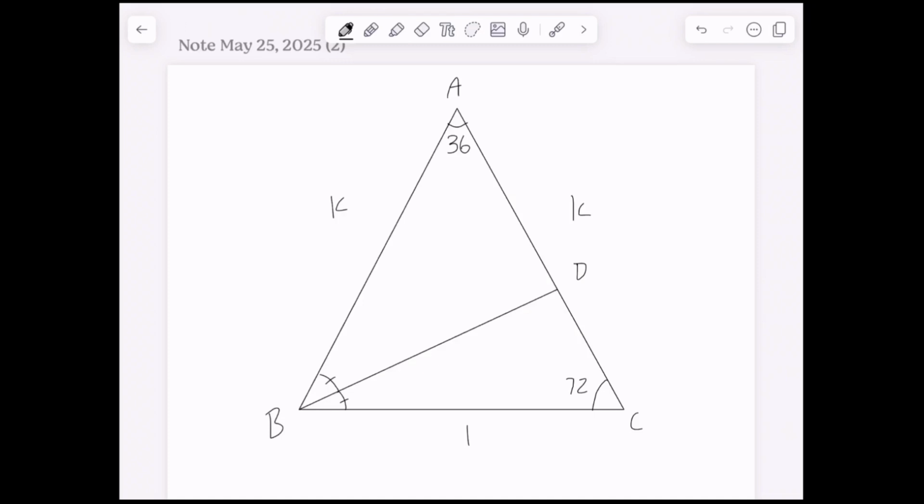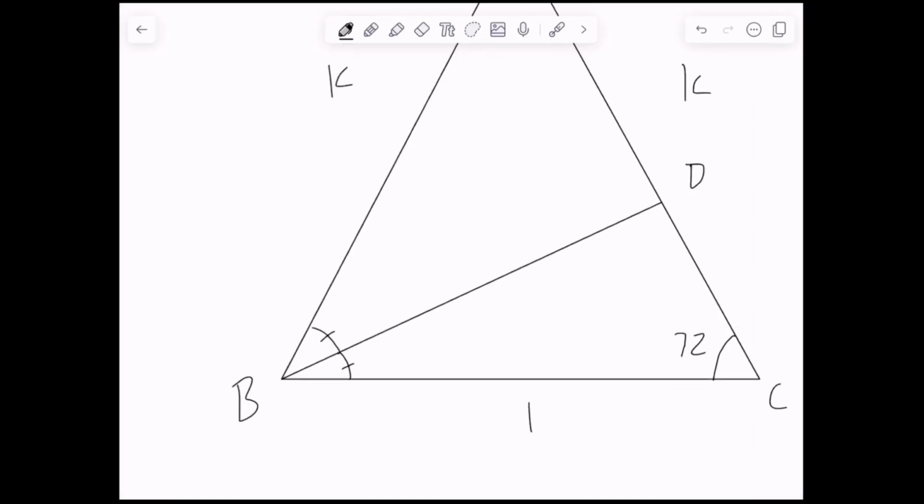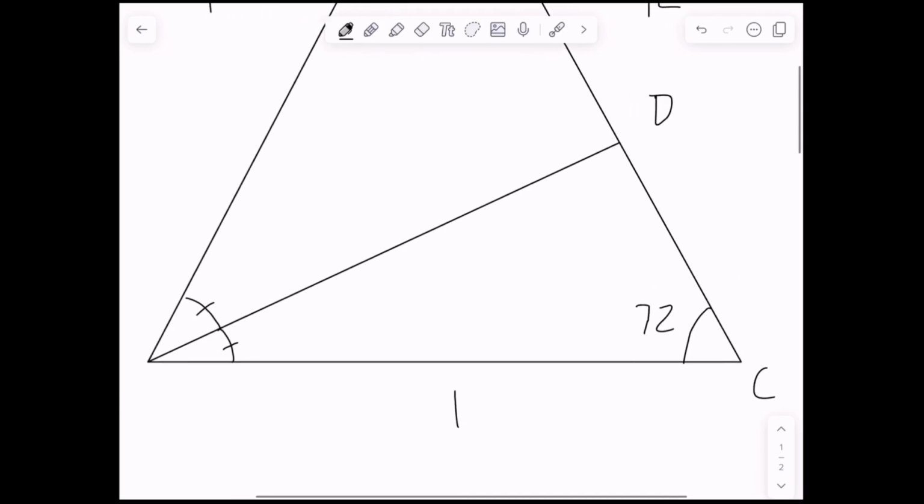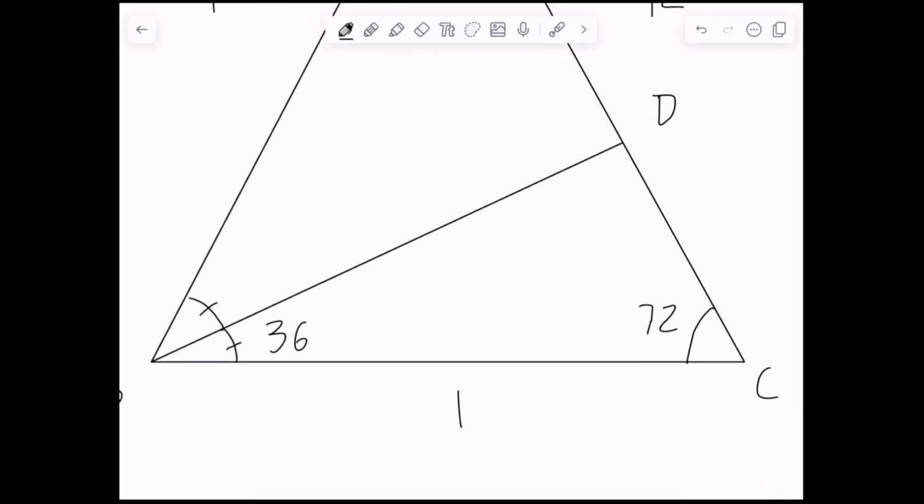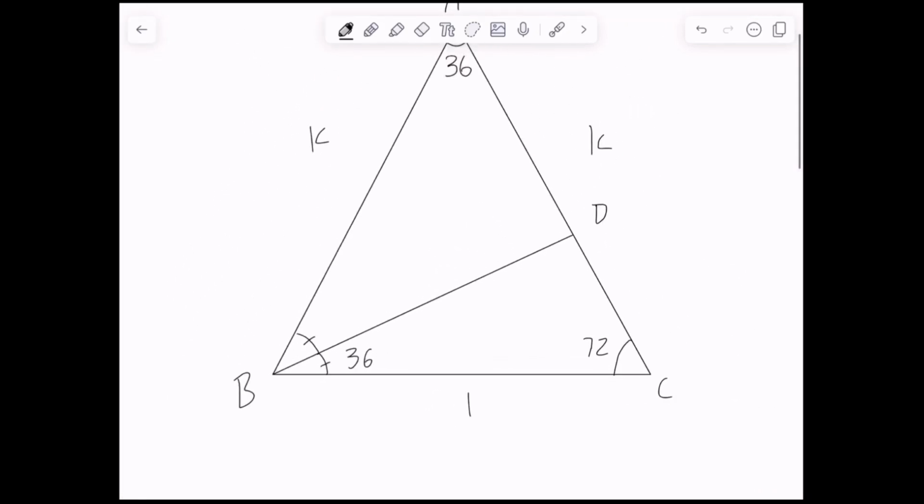Now, if we draw the bisector of angle B to point D on line AC, we can say that angles DBC and ABD both equal 36. So doing some calculations, we can then determine that angle BDC equals 72 degrees and angle BDA equals 108 degrees.